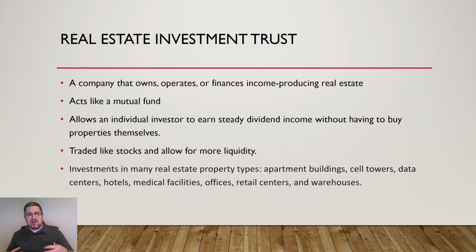It allows an individual investor like you or I to earn steady dividend income without having to buy our own property. So instead of having to buy multiple houses and put down a huge amount of capital up front, we can put in $5, $10 at a time on a brokerage and get a monthly, quarterly, or even yearly dividend or capital gains on that REIT we're investing in.